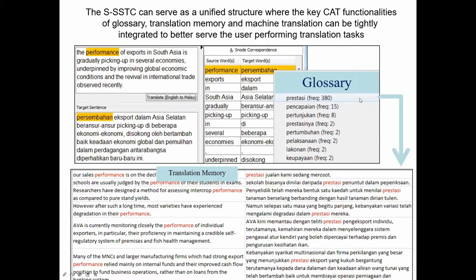And if they are not quite sure what is the meaning of the target word, they can always look into the translation memory to double check the translated word in the parallel sentences. Okay, this is the first round at the word level. Of course, we can do the same for the phrase level.